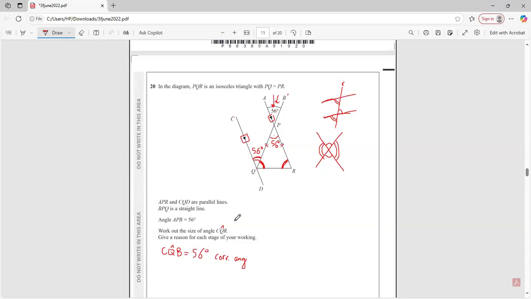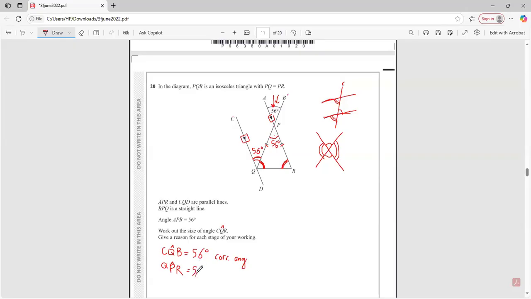So we're going to now say that, where was I? If this angle is 56, angle QPR, QPR is what? It's also 56.